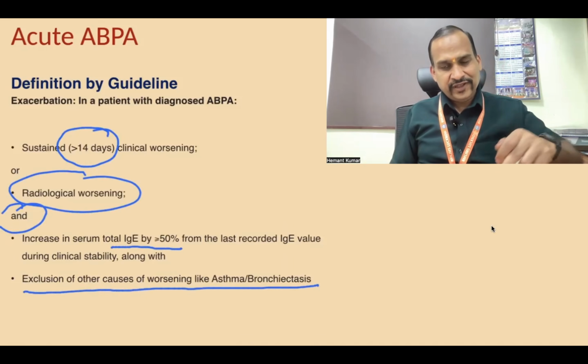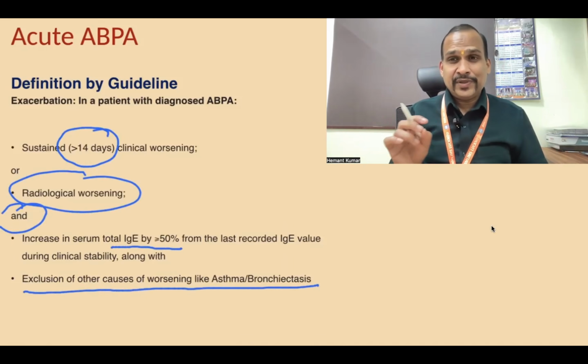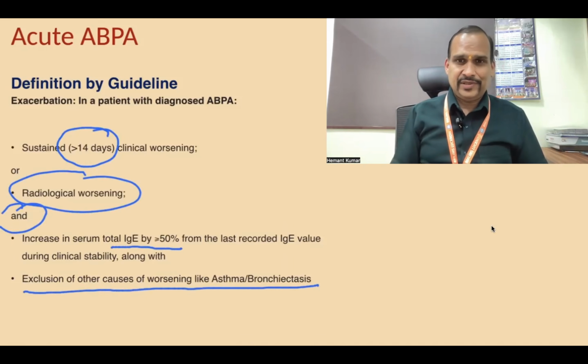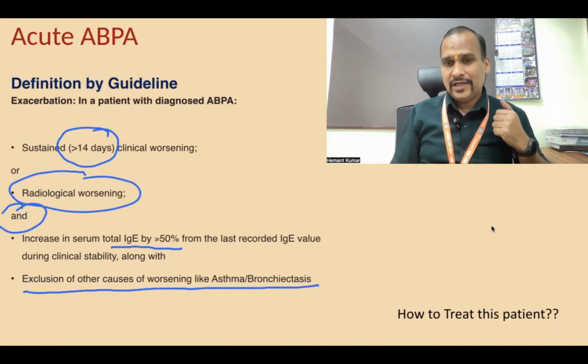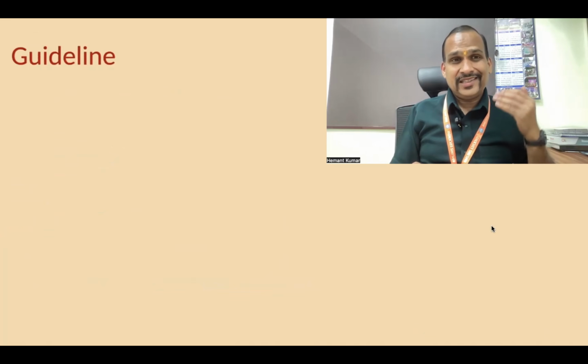If the patient is fulfilling these criteria, it means the patient is having ABPA exacerbation. Our patient Kallu has fulfilled all criteria. So now the question is how to treat this patient.